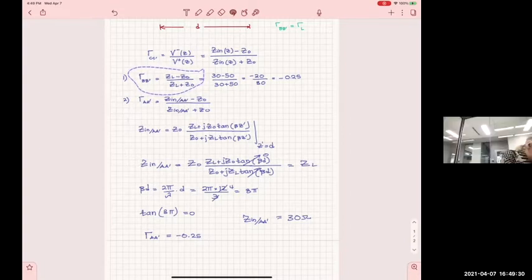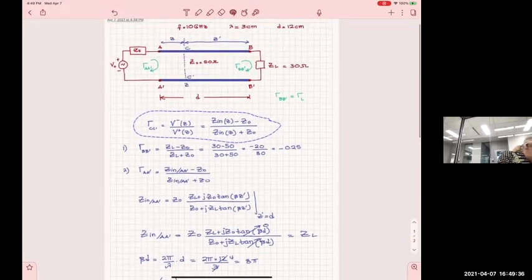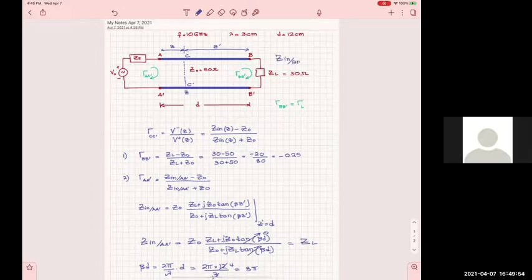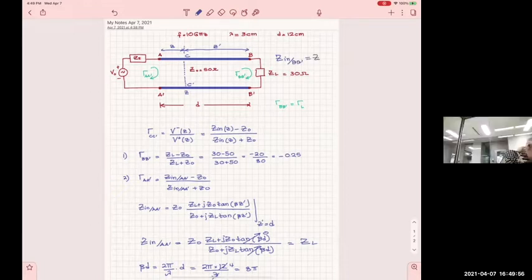The general expression is this, but for gamma at BB prime, you're right at the load, so the impedance you have there is the load impedance. For example, here you have Z input at B prime equal to ZL, because that's what you see.